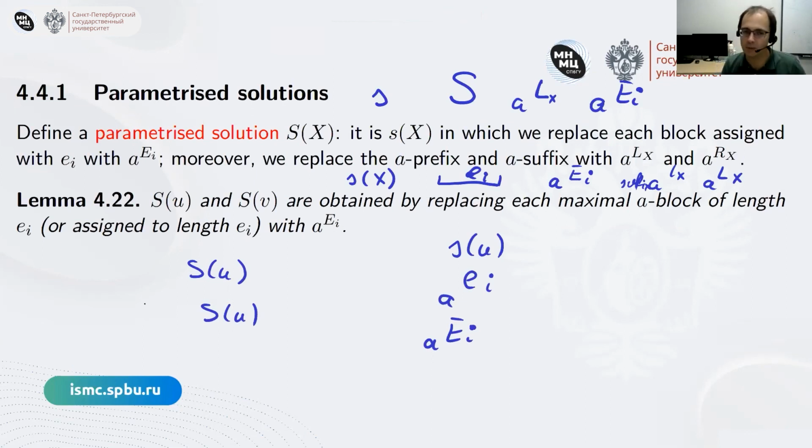If you replace in the substitution the suffix Lx by the variable, then in the end this maximal block a to Ei is replaced with this a to some parametric power.